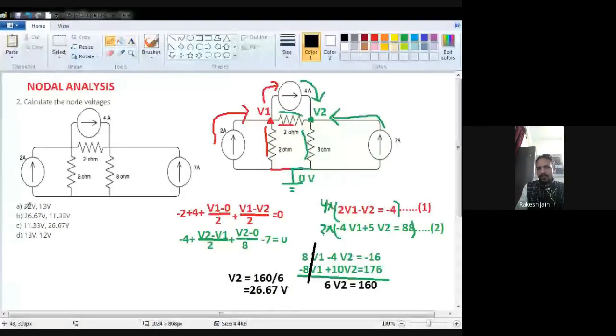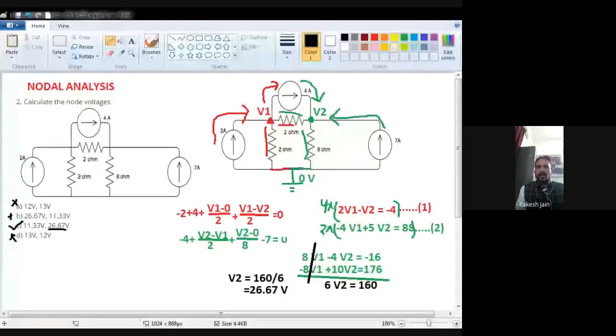Okay, now what is V2? V2 is 160 divided by 6. Calculating, 160 divided by 6 will be 26.66, in total we can write 26.67. Okay, now this is the voltage of V2.